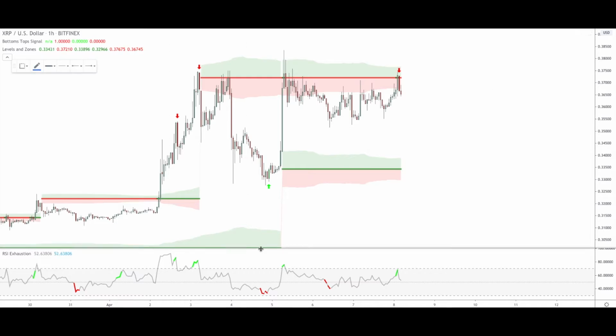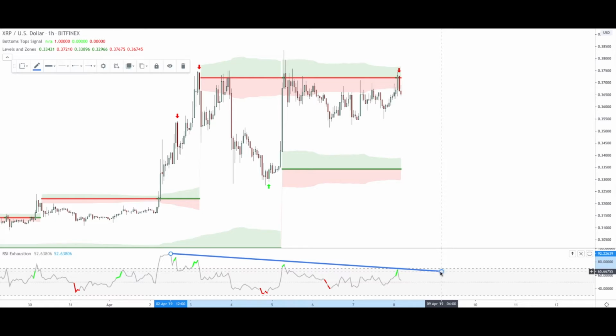But most importantly, if you look down here, the RSI kept moving lower. So the price here was moving higher and the RSI moved lower, and then the price almost stayed flat here, even though it went down and then up and then down and then up, but it stayed almost flat at this level, but the RSI kept going lower, and this is divergence.